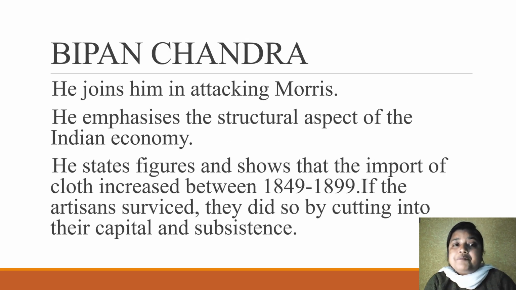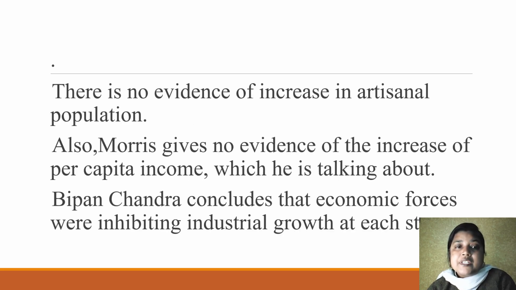Bipin Chandra joins Tapan Ray Chaudhary in attacking Morris, and he emphasizes the structural aspect of the Indian economy. He states figures and shows that the import of cloth increased between 1849 and 1899. If the artisans survived, they did so by cutting into their capital and subsistence.